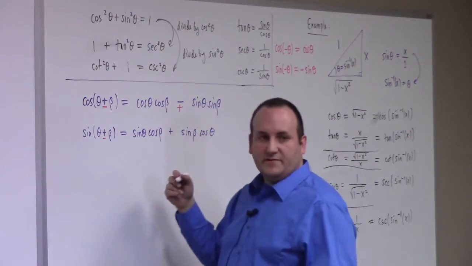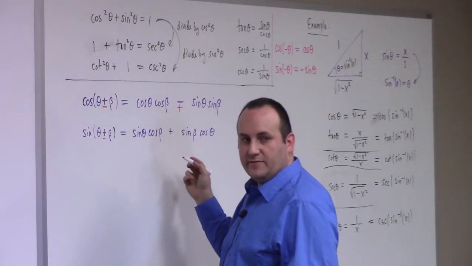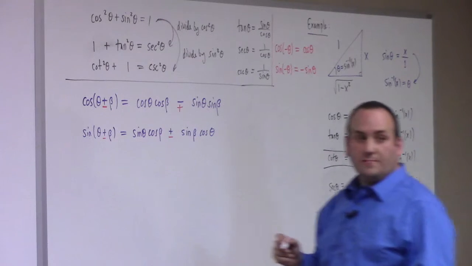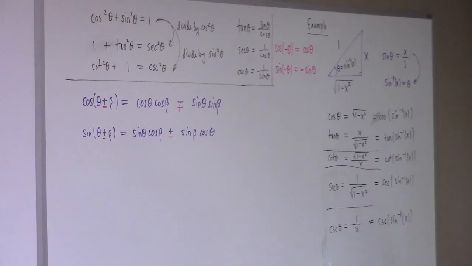I sometimes make calculus 1 derive these. They're not entirely trivial, but they're really essentially equivalent to the law of cosines for what it's worth. So I get plus minus, plus minus. The minus comes because sine of minus beta is minus sine of beta. But anyway.